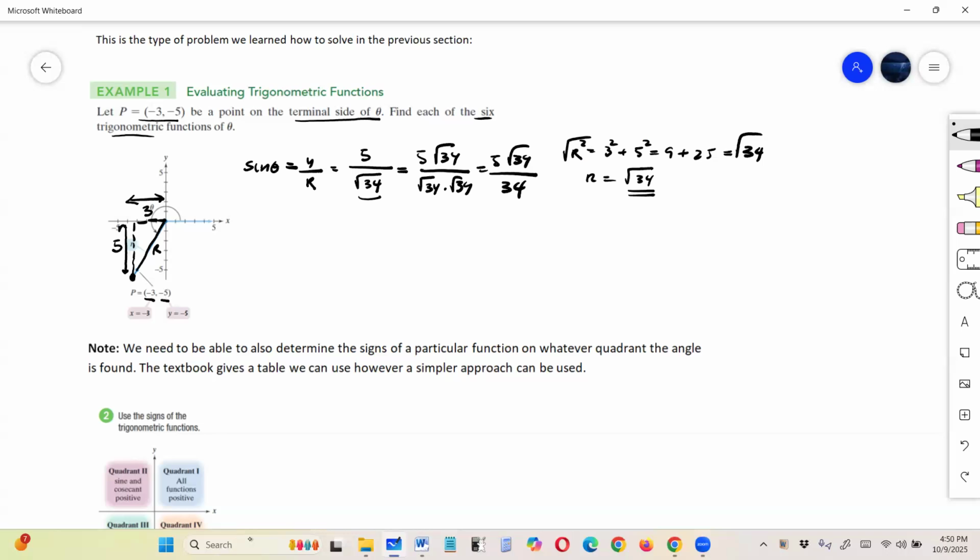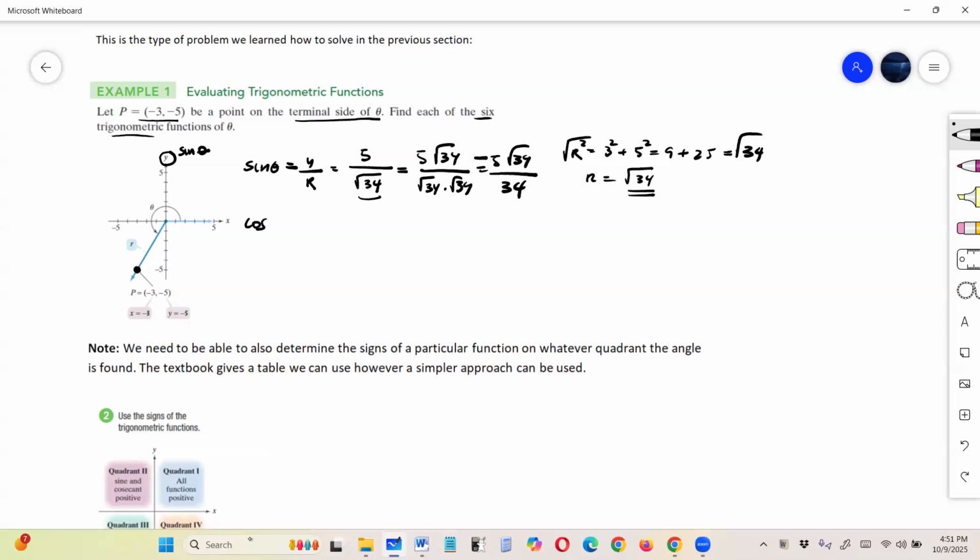Now, however, we'll discuss this briefly, because the point is right here, and right here, sine, which is this axis, is negative. Okay, this answer is negative. So this is very important.